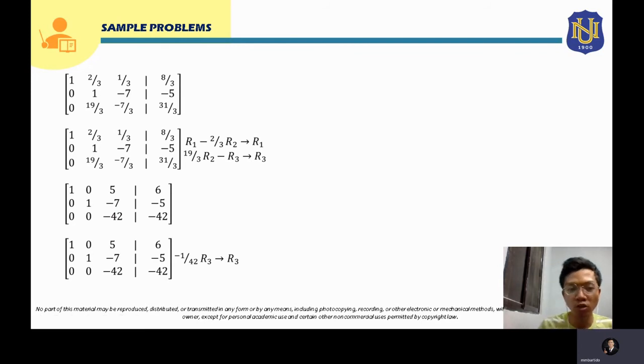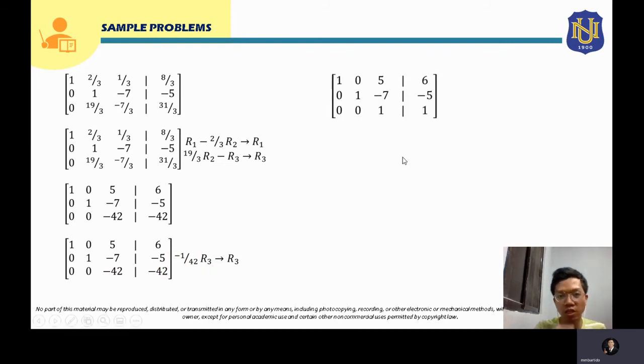So we are going to multiply the third row by negative 1 over 42, in order that this negative 42 will become 1. So multiplying the entire row 3 by negative 1 over 42, negative 1 over 42 times negative 42 will be 1. Negative 1 over 42 times negative 42 will also be equal to 1.